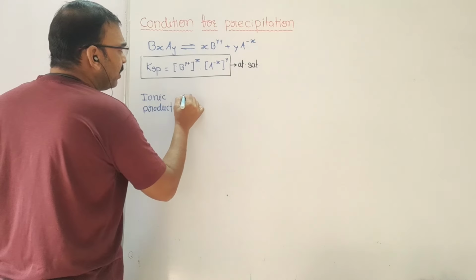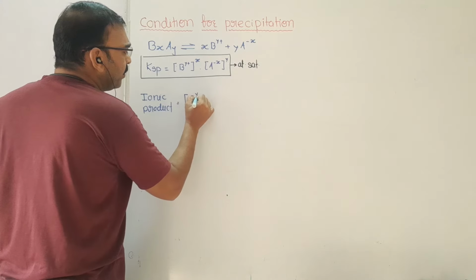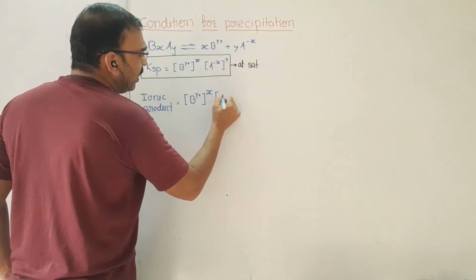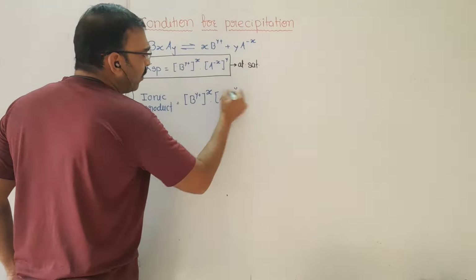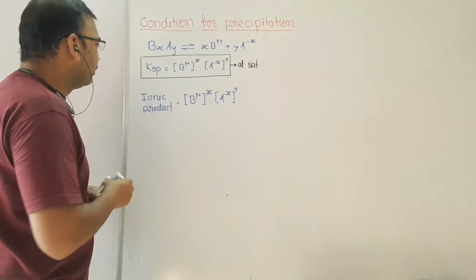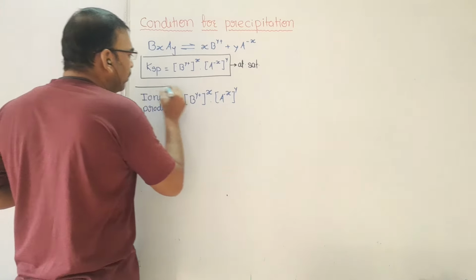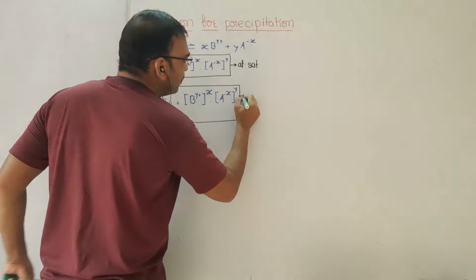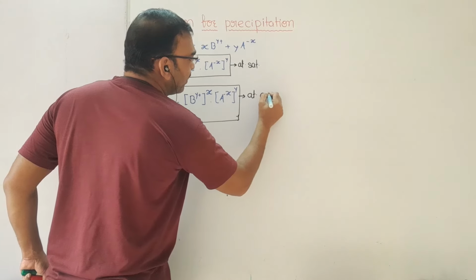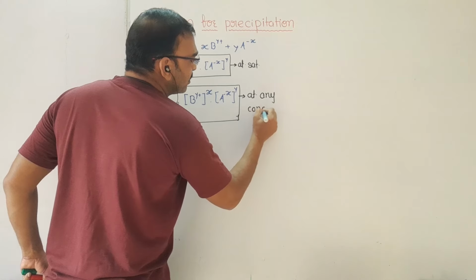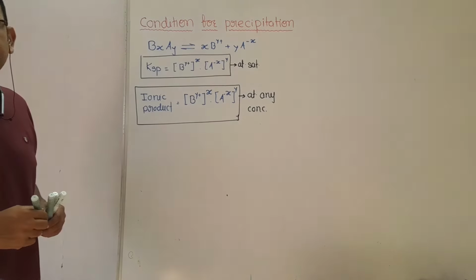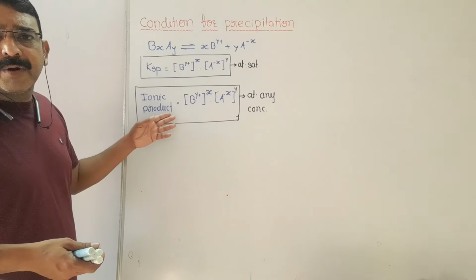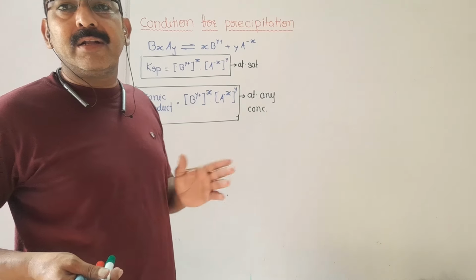That means ionic product is also equal to B^y+ to the power x into A^x- to the power y. But this ionic product is the product of concentration at any concentration, not at saturated state.